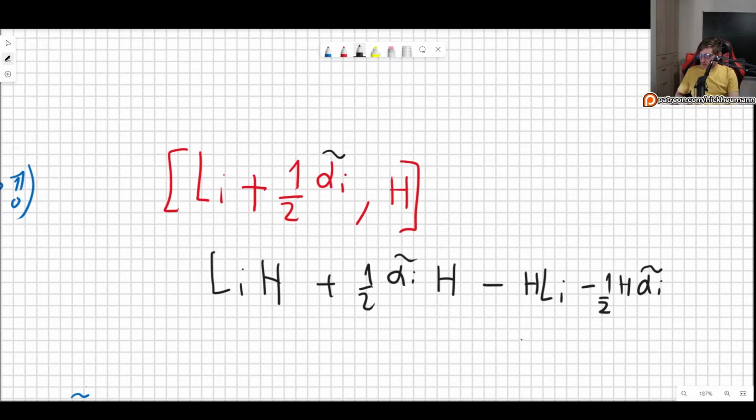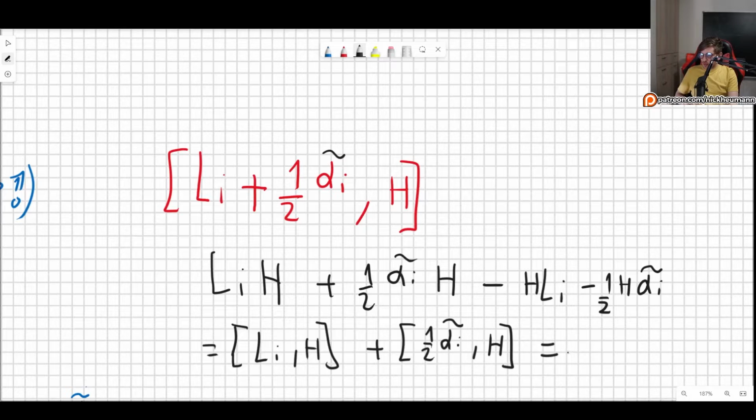So with this, what we have here is simply the commutator between angular momentum and Hamiltonian plus the commutator between 1/2 generalized Pauli matrix and Hamiltonian.